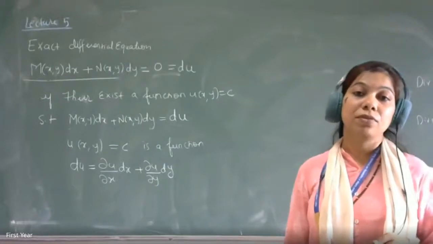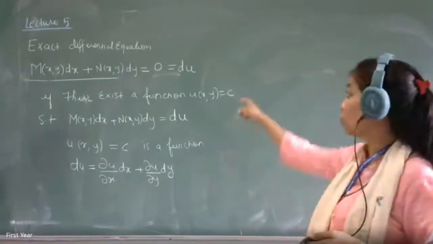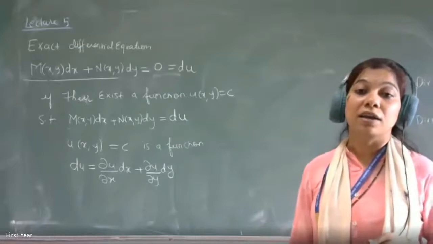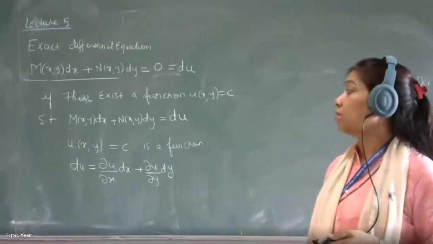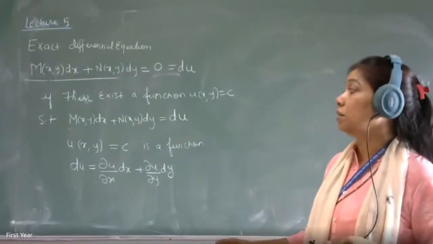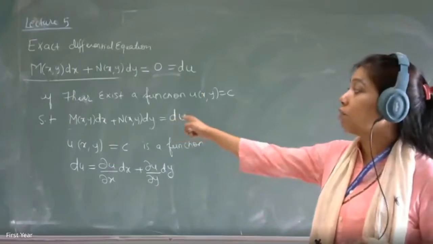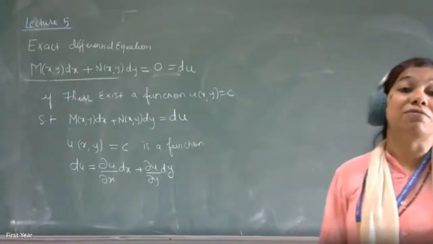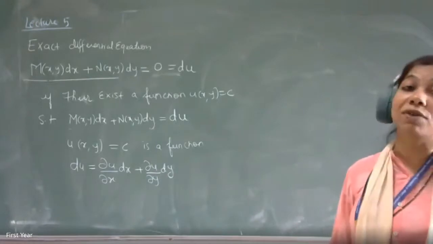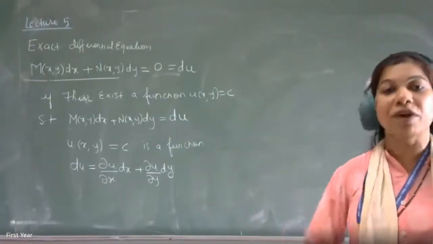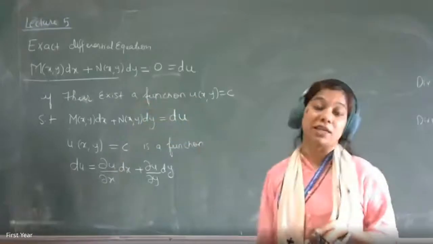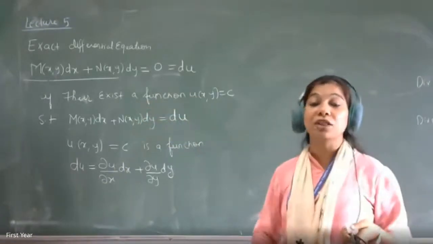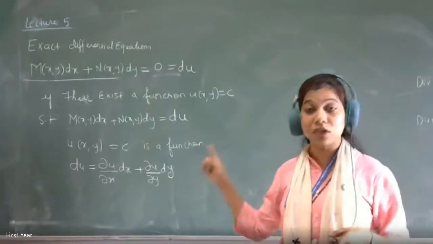So you should be getting this function u of x, y. That function will define the solution, but for that M(x,y) dx plus N(x,y) dy equal to 0 should be an exact differential equation. Then I am able to find this function u, or if you are able to find the function u, then it will be exact. So we will be able to find the solution. This is one particular way.